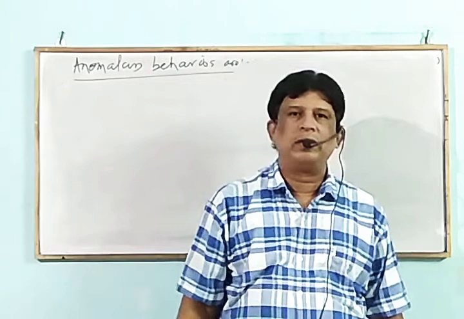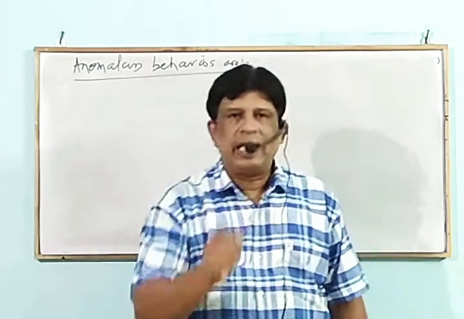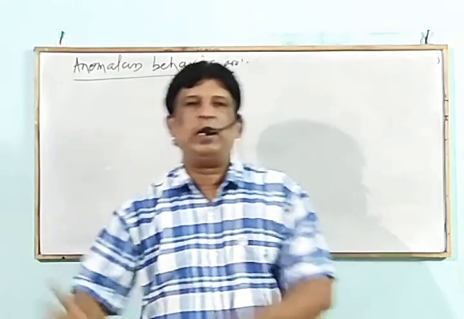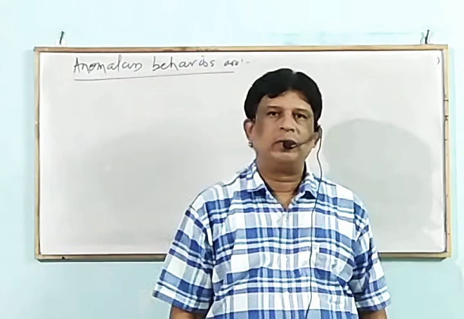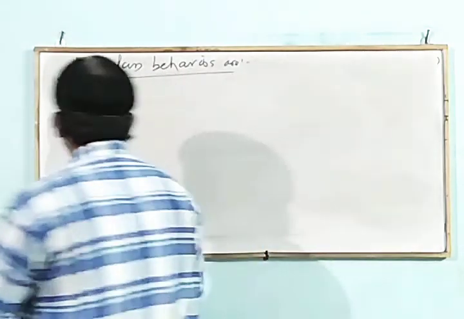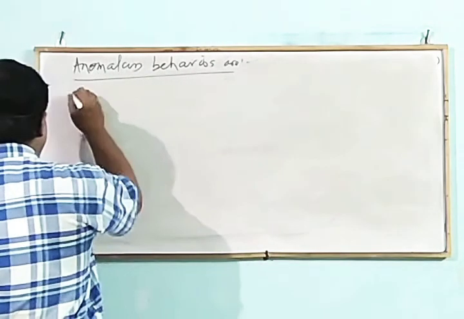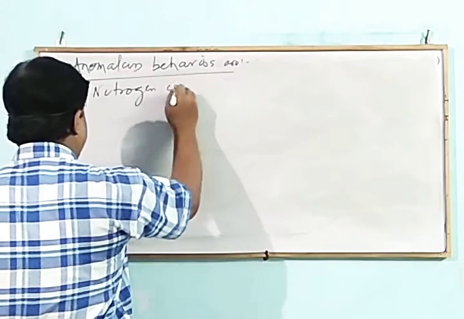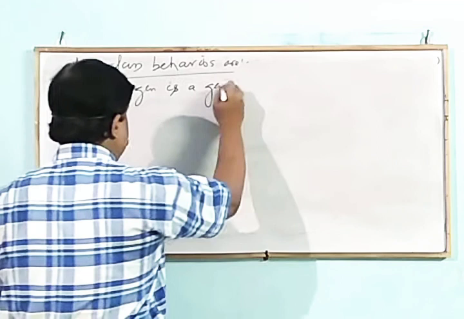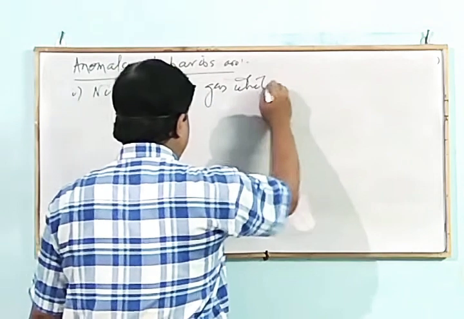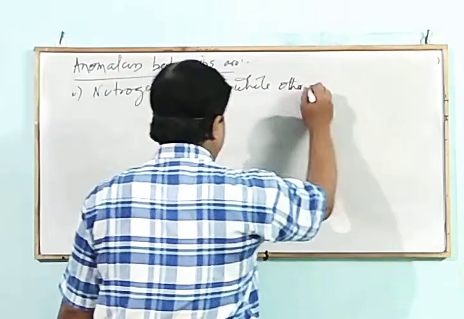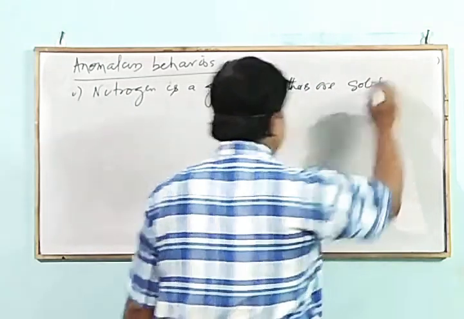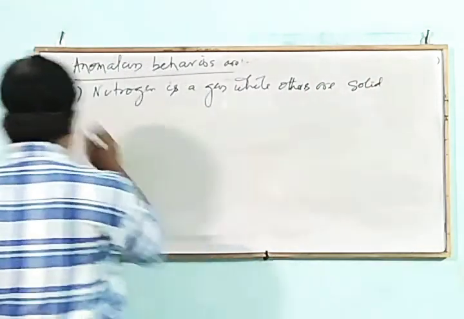Point 1 is nitrogen is a gas while other members of the family are solid. Mark that. Point 1. Nitrogen is a gas while others are solid.